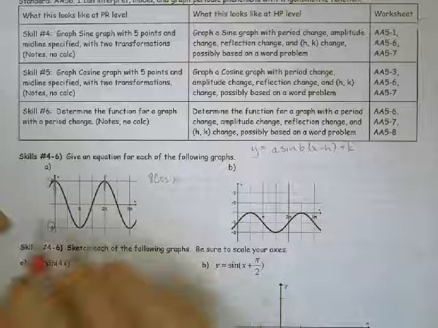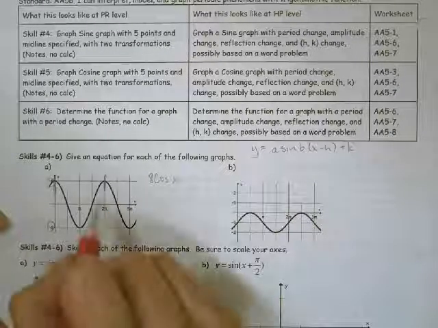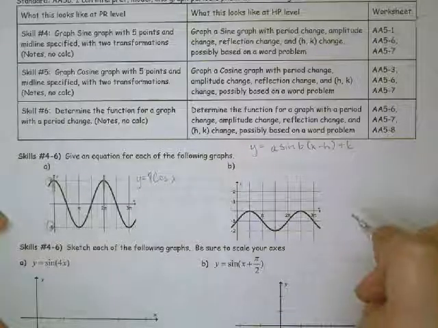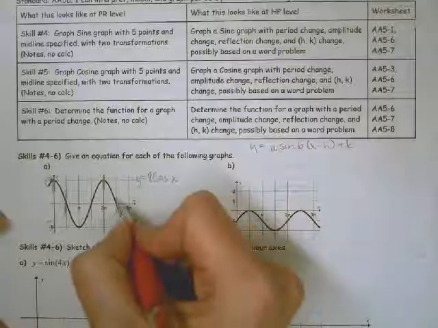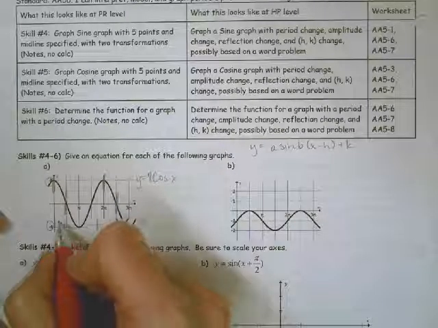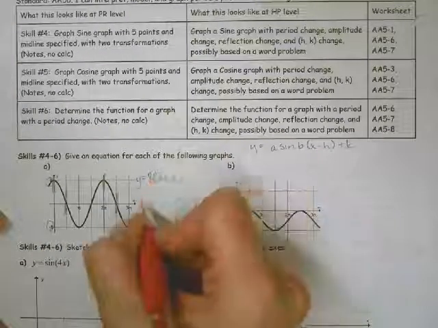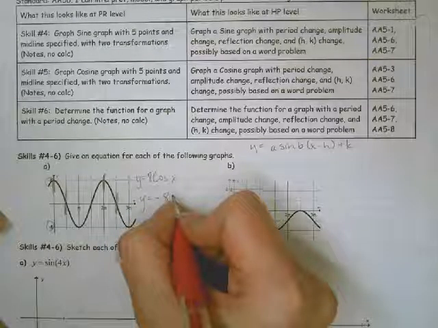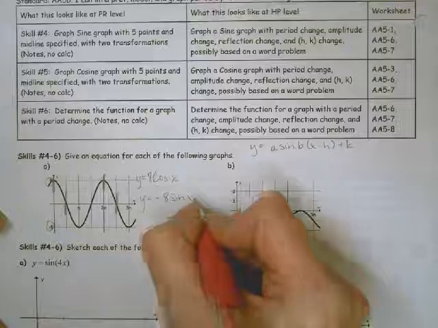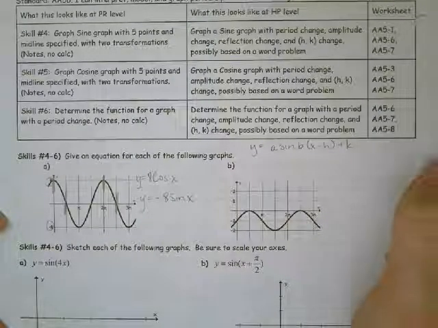I'm not moving it left or right, I'm not moving it up or down, so that's the only transformation happening. If I wanted that to be a sine graph, I could start it here and end it here, in which case this would be a negative orientation, so negative amplitude is still 8, sine x is going to be my equation there.